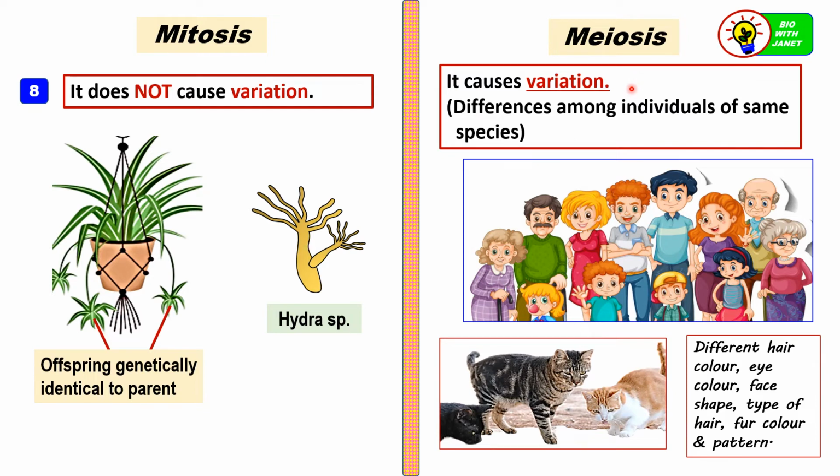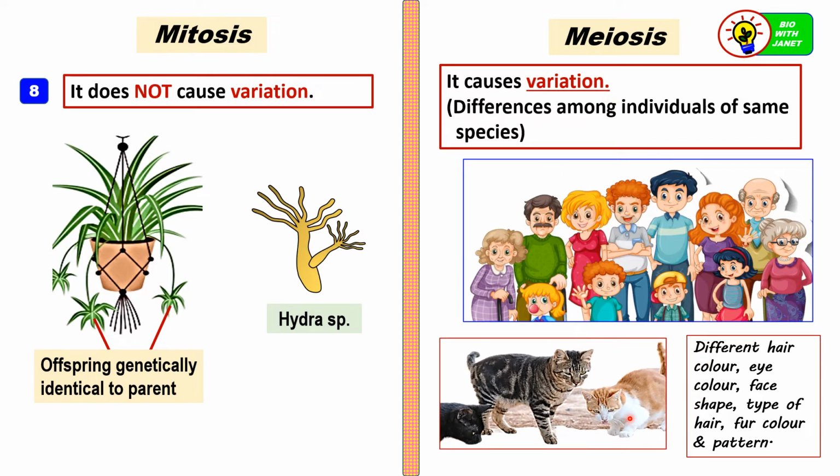We have already discussed this when we discussed the process of meiosis. If not, just remember, because of crossing over, gametes formed are genetically different from each other, although they may come from the same parent. So when these gametes undergo fertilization, they'll produce individuals with different traits or characteristics, because the gametes were genetically different from each other.